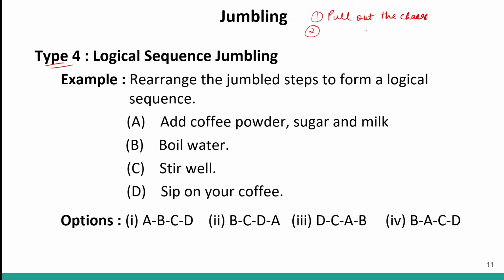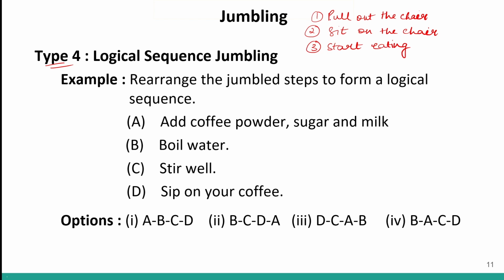The second step you'll do is sit on the chair. And then the third step you'll do is start eating during your meal times. Correct? Can I do this in any other order? Can I sit first and start eating first and then pull out the chair? No, I can't. Until and unless the chair is pulled out, how can I sit on it?